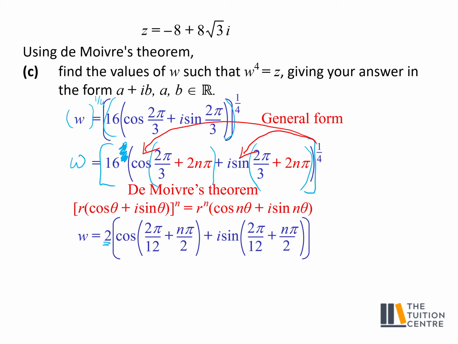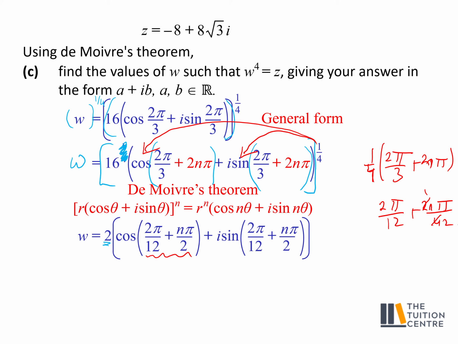So when you multiply 1 quarter times 2 pi over 3 plus 2n pi, you're going to get 2 pi over 12 plus 2n pi over 4 when you multiply the quarter through that bracket. I've simplified that down to 2 pi over 12 plus n pi over 2.